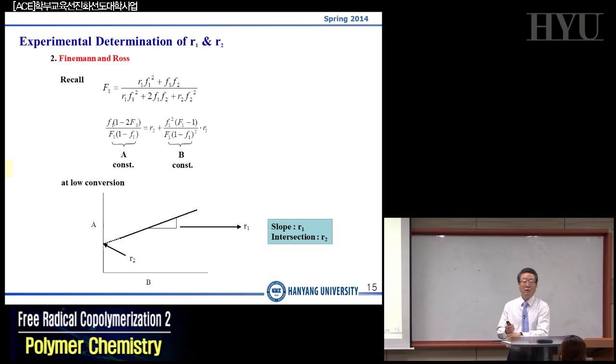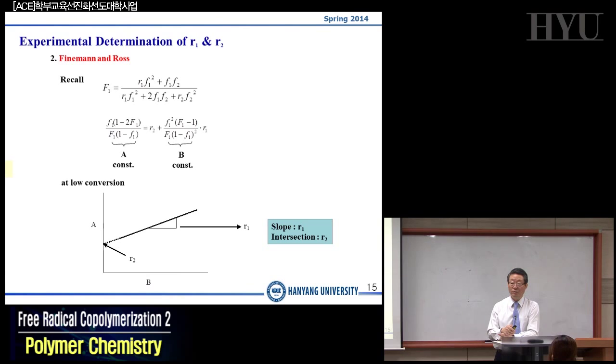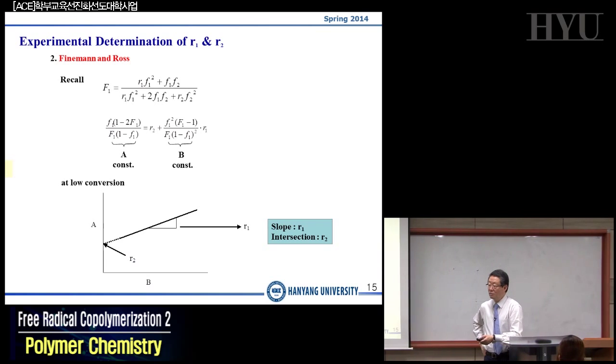So this way, experimentally, you can determine R1 and R2, the monomer reactivity ratios of the two copolymer systems. But you do not need to experiment to determine these cases. This is, in the textbook, the method of measuring R1 and R2. R1 and R2 have already been determined in many polymeric systems.